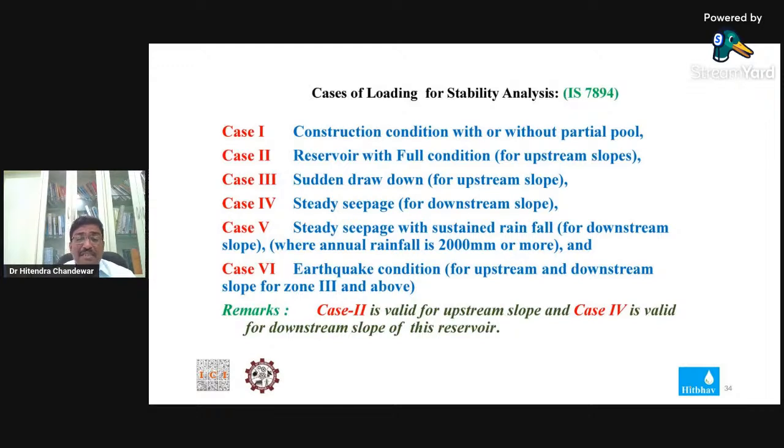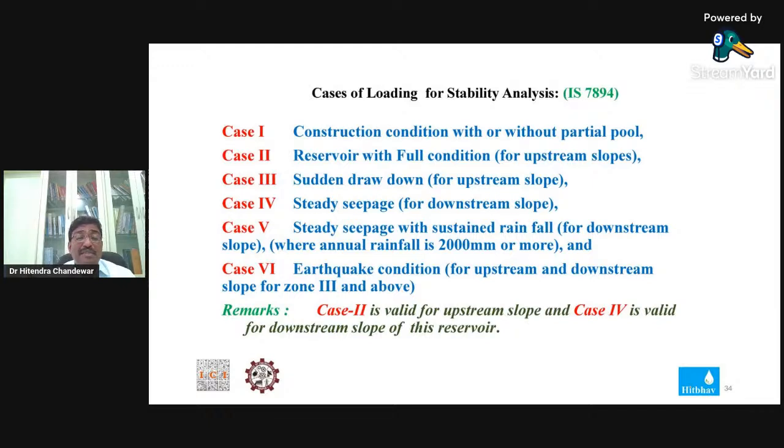In our case, case 3 is valid for the upstream slope, reservoir full condition, and case 4, steady seepage, was valid for the downstream slope.